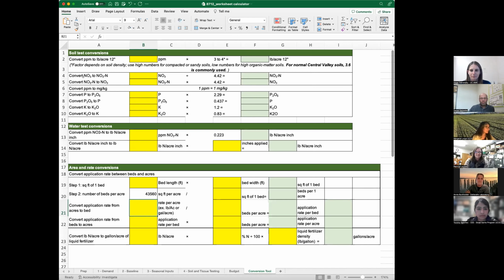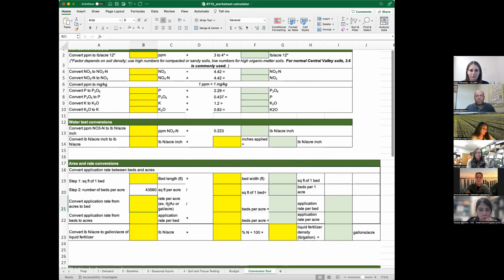Some soil tests report nitrate, NO3, which is the total compound, versus nitrate N. So looking closely at your numbers, if your number is really high or low, sometimes you want to double check what exactly it's reporting. And so we provide those conversions here. Another one I want to point out is how to convert from your beds to acreage. And so you can put your numbers in here and do that calculation.